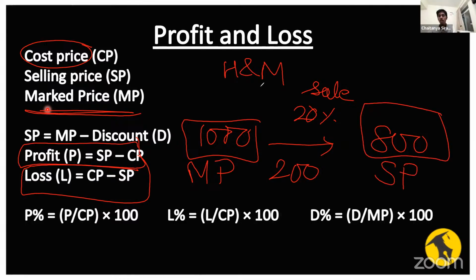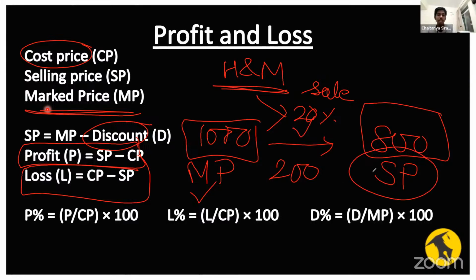So the shopkeeper or the H&M company gave you a 20% discount. If marked price and discount are given, you can find selling price. If selling price and discount are given, you can find marked price. So if any two terms out of these three are given, you can easily find the third.